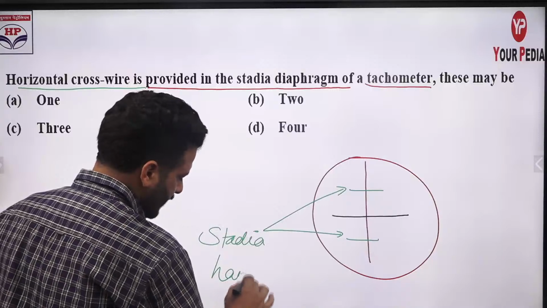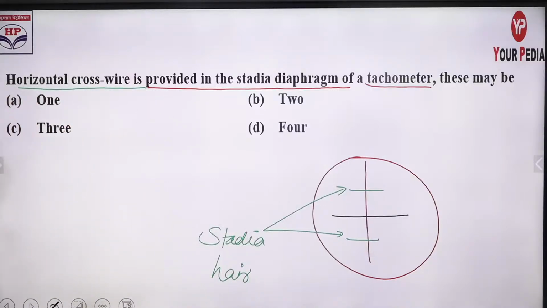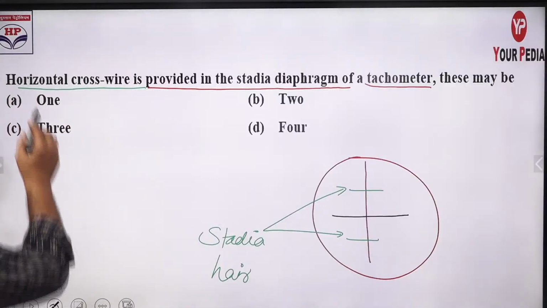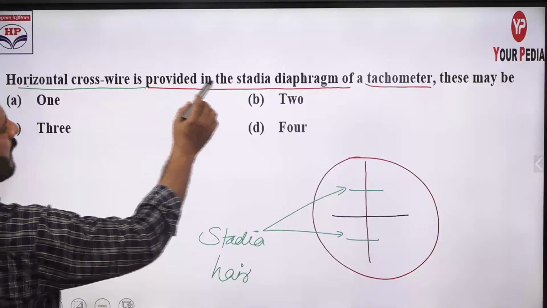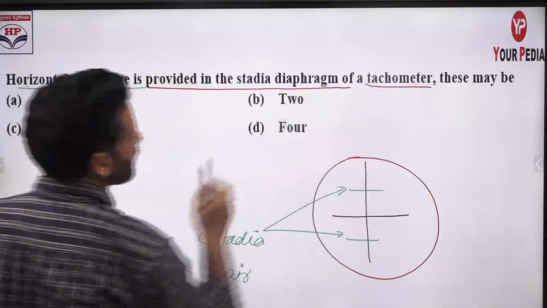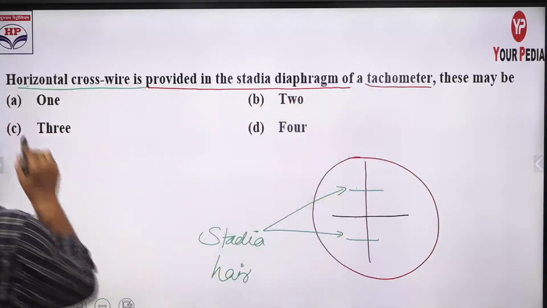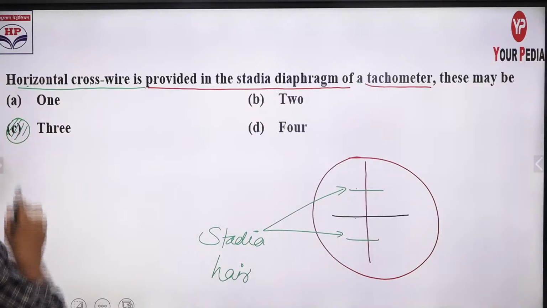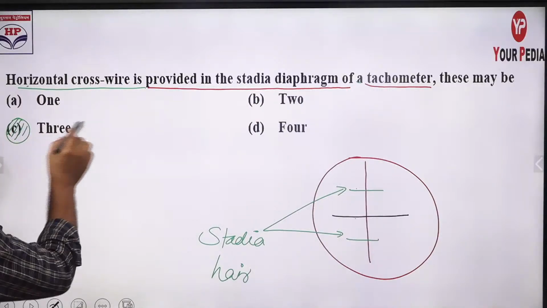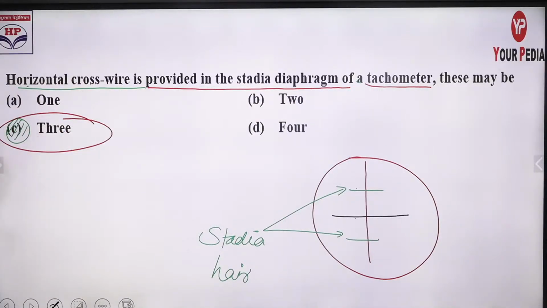These are known as stadia hairs. So he is asking how many horizontal cross wires are provided in the stadia diaphragm of a tachometer, 1, 2, 3. The answer will be C. Three horizontal hairs are there, so option C.